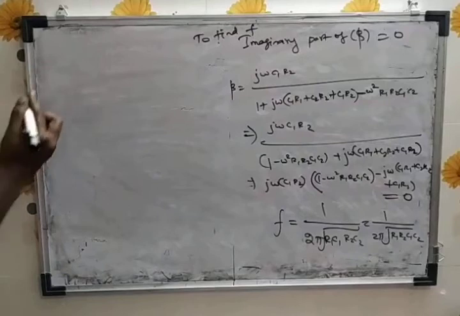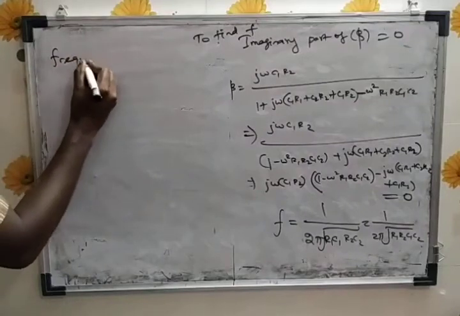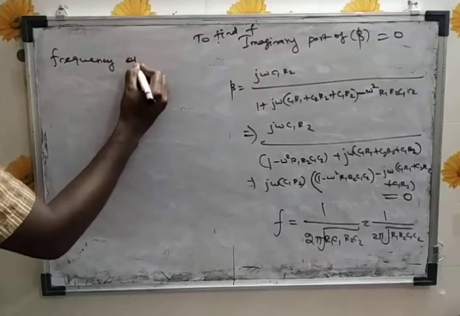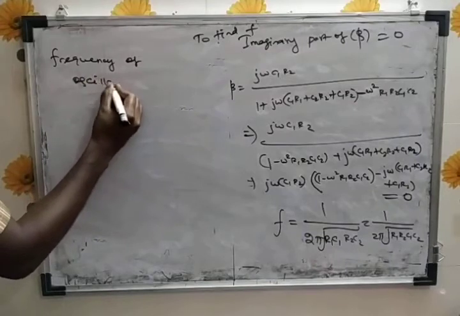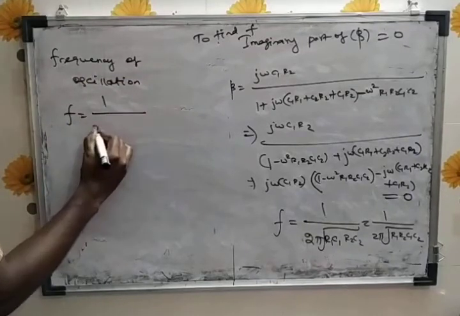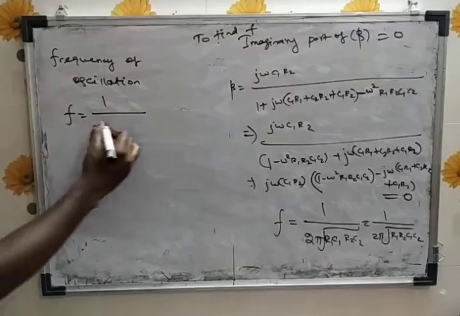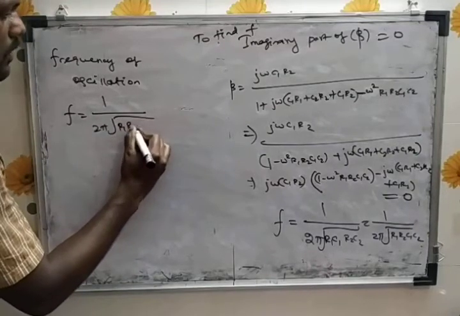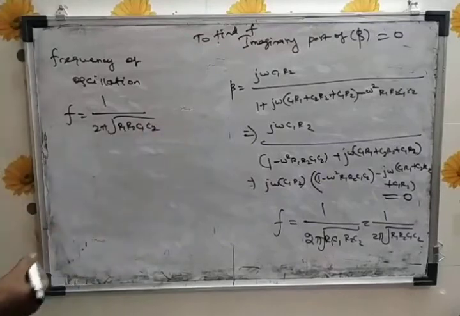So the frequency of oscillation for the Wien bridge oscillator is f is equal to 1 by 2 pi root of R1 R2 C1 C2.